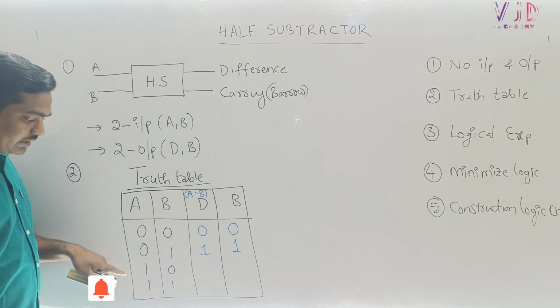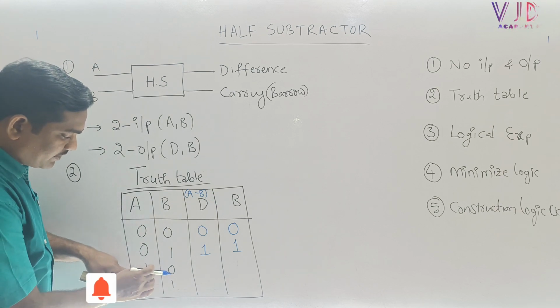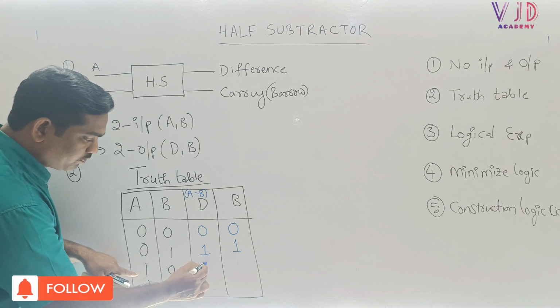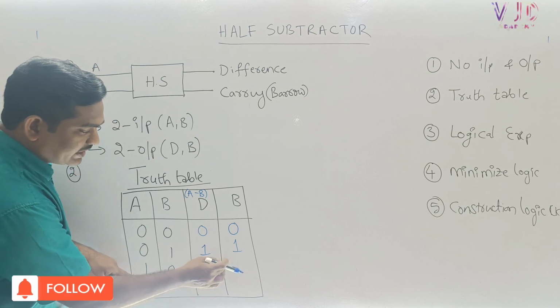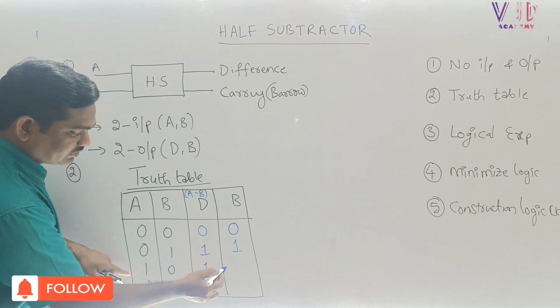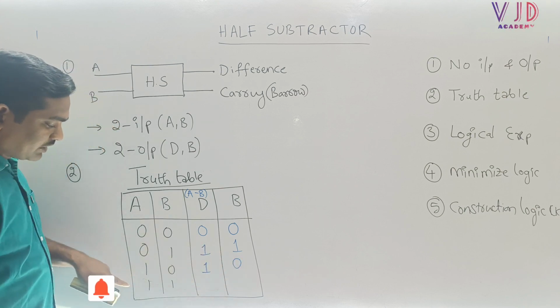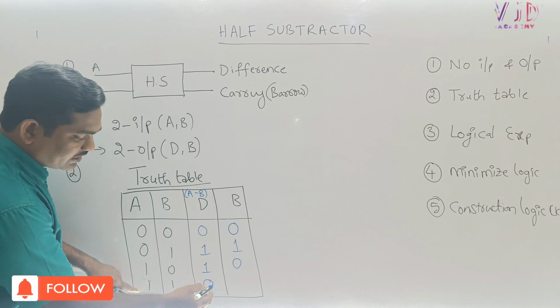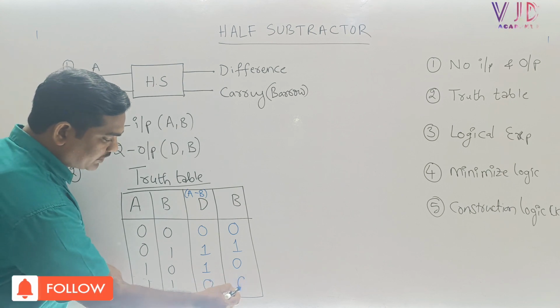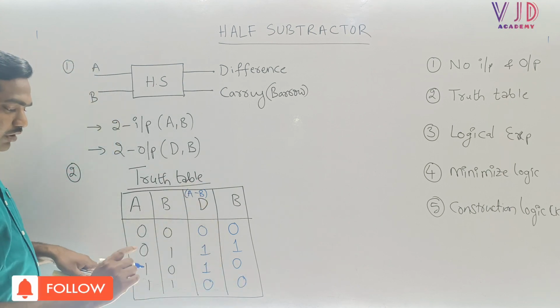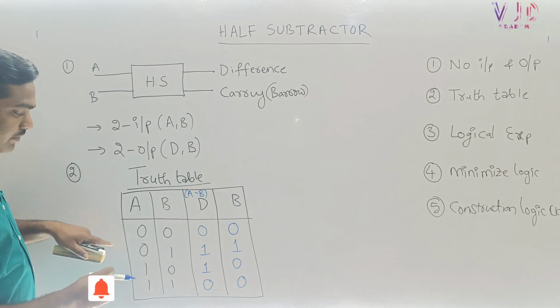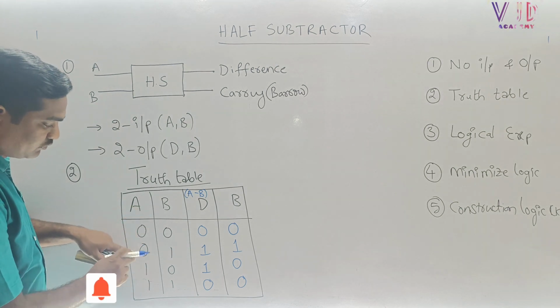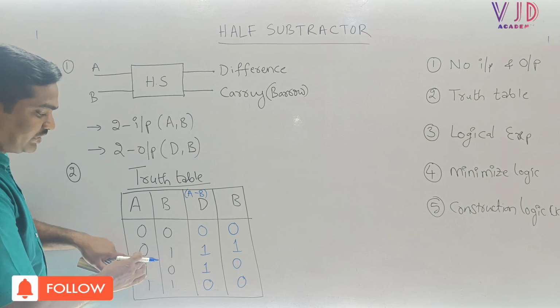Now the third one, 1 minus 0, the output is 1 and we are not taking any borrow, so borrow is 0. The fourth one, 1 minus 1, is 0 and we are not taking any borrow, so the output is also 0. The only thing we need to remember in this truth table is the second row, 0 minus 1.